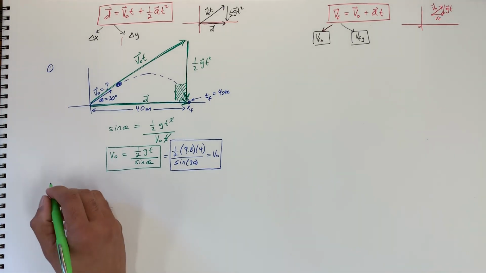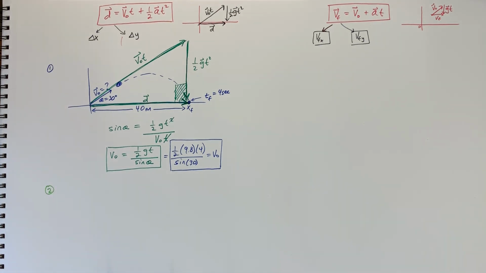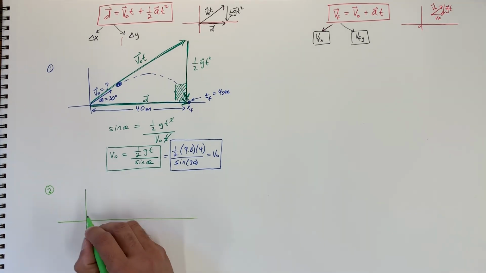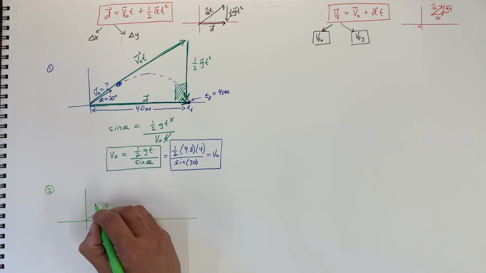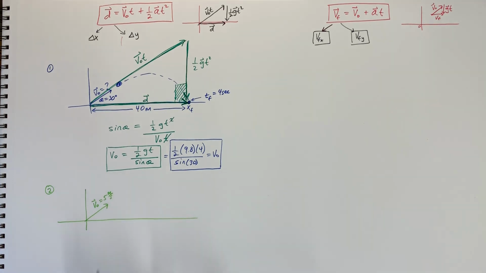All right, so for the second example, we have a projectile being launched at an initial velocity of 5 meters per second.